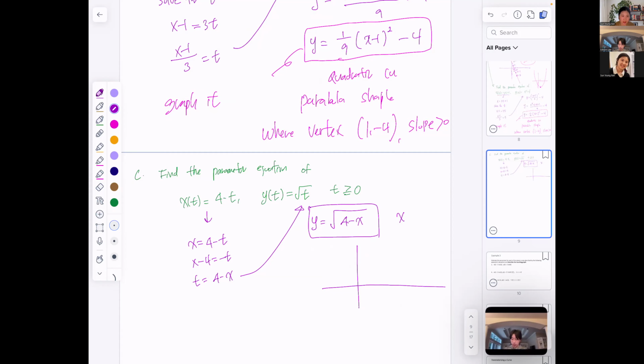If you have a 5, it's going to be radical negative 1, which is not a real number. So if you graph it, it's going to pass through 4 comma 0. If you remember from pre-calculus a long time ago, it's going to be a half parabola like that.